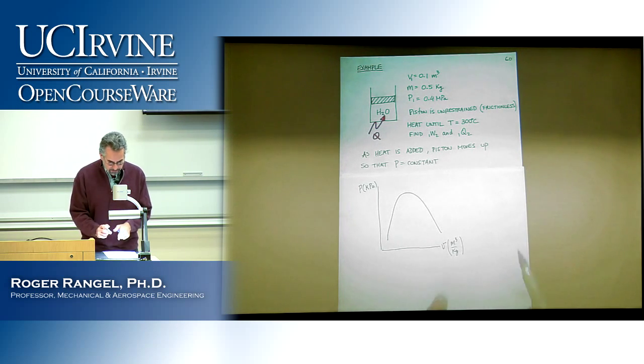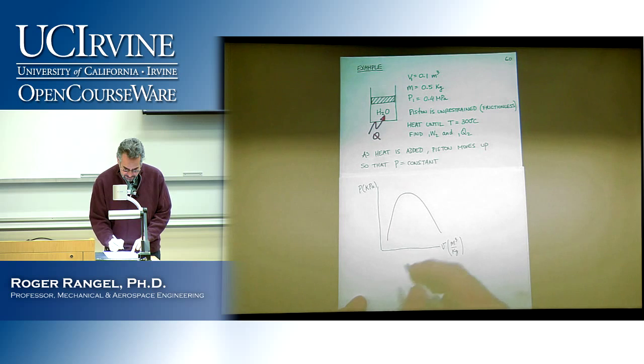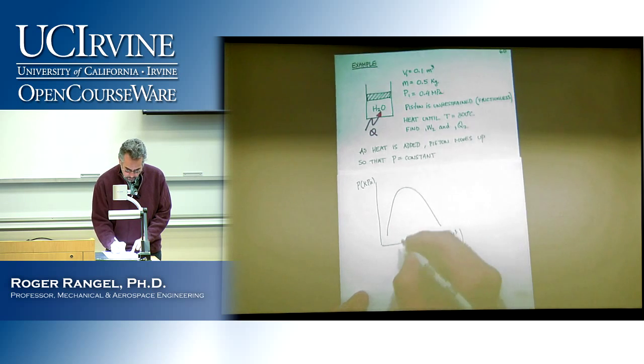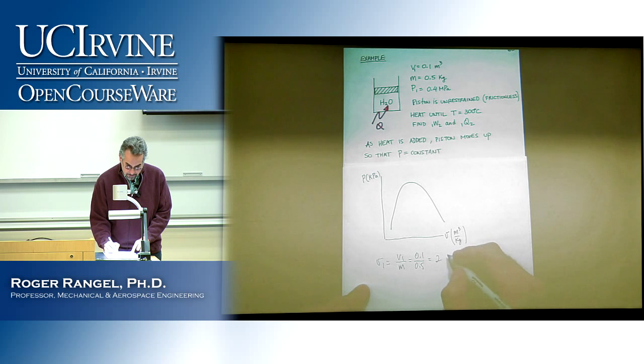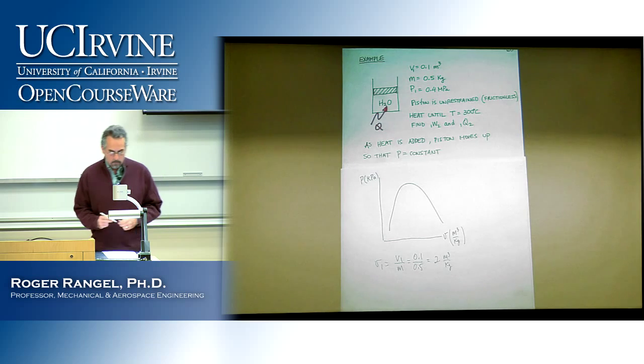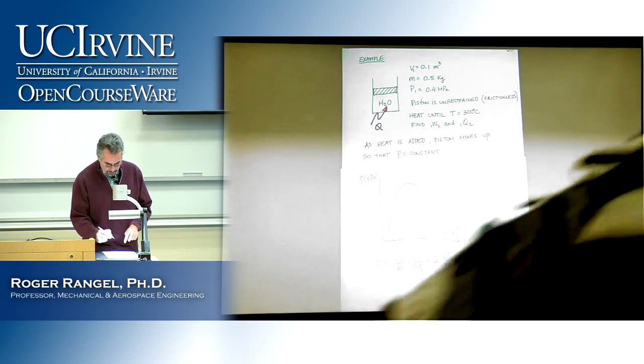And so I can find the initial specific volume, v1, by simply taking this volume and dividing it by the mass. So 0.1 over 0.5 is 0.2, and that's going to be cubic meters per kilogram.